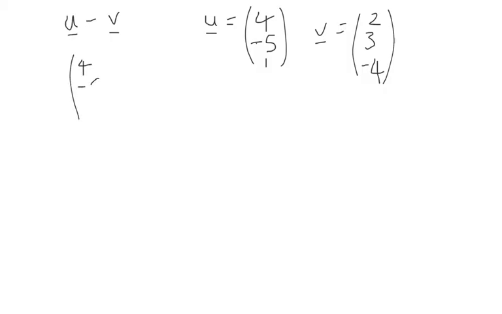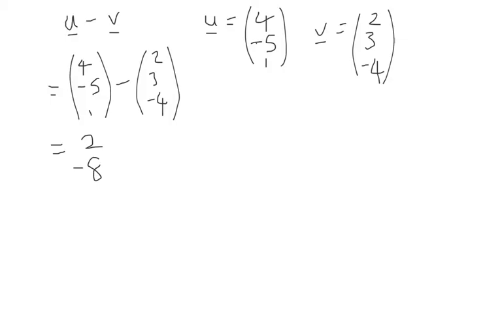Just subtract each component. The x components, 4 subtract 2 is 2. The y component, negative 5 subtract 3 is negative 8. And the z component, 1 subtract negative 4 is 5. So it's the same rules as 2D vectors, just do it for the z component as well.